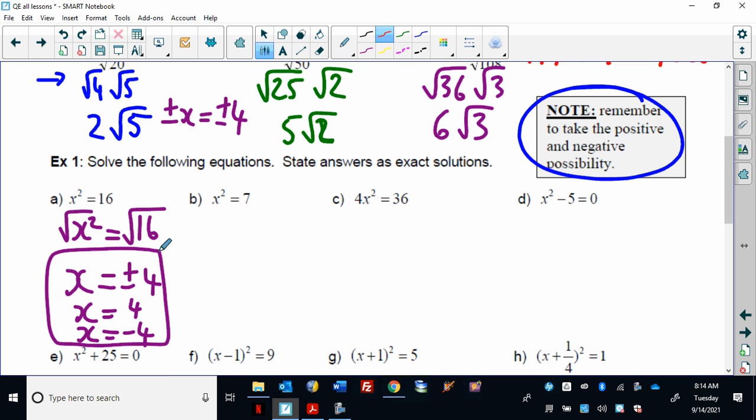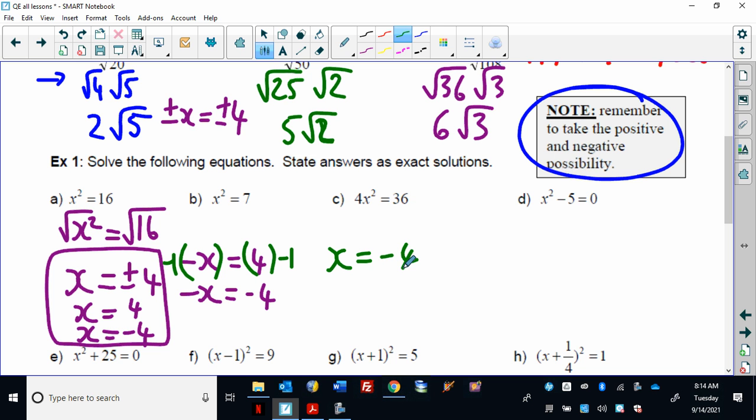But if I said, okay, well, also negative x equals 4 and negative x equals negative 4, those two produce the same solutions. So what I would do here is say, oh, I don't like the negative, so I'm going to multiply both sides by negative 1, and then I'm just going to get x equals negative 4, which I already have right down here. And for this one, same thing.